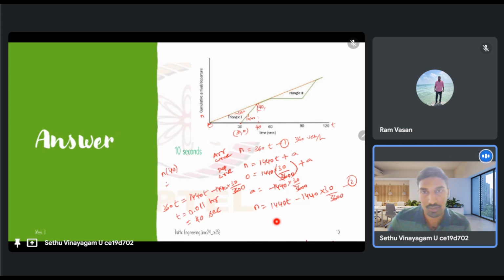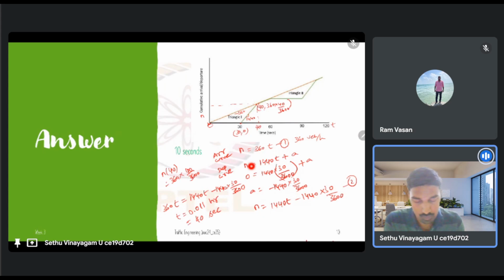Equation 1 is simpler, so I'm going to use that. So it is 360 into 40 by 3600. So that is the number of vehicles at this point. I'm not simplifying it.